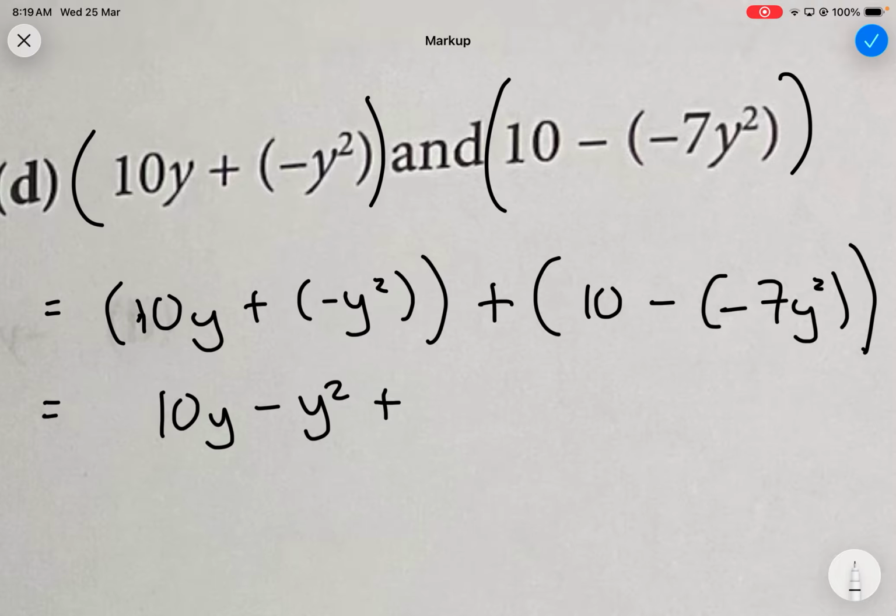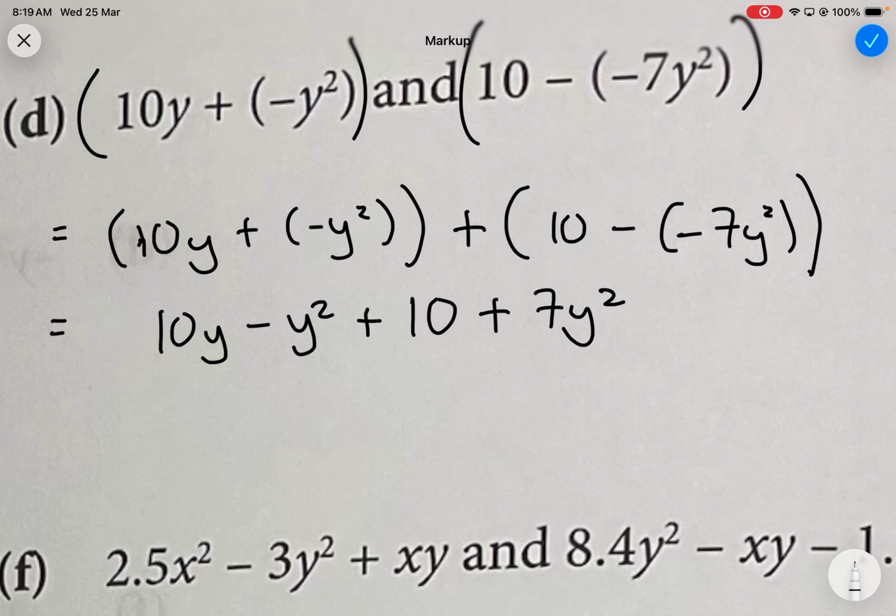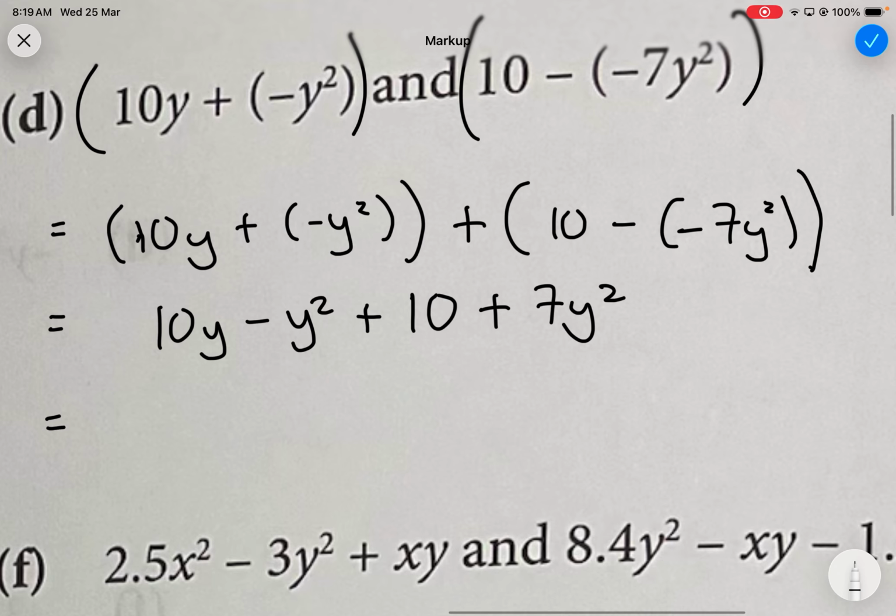This time the bracket become very important already. Because when I'm subtracting whole of this, I need to subtract 8y square. I need to subtract a negative 7. Subtracting negative 7 will change it to plus. Why? Negative minus negative is a positive.